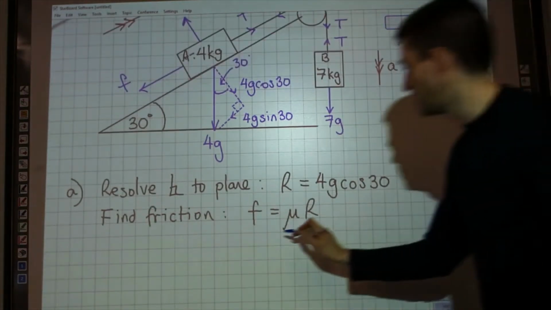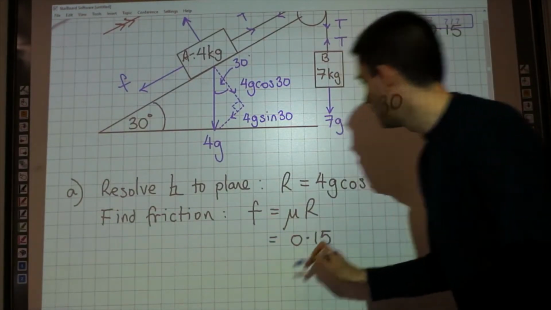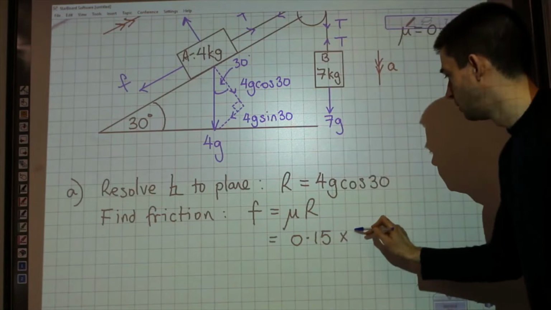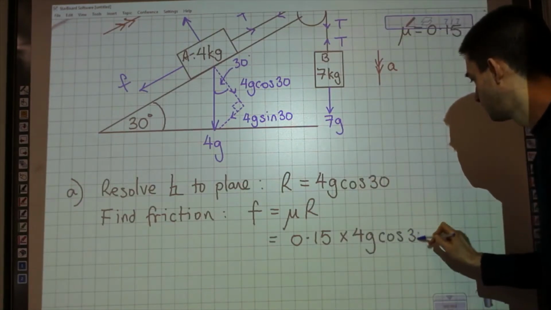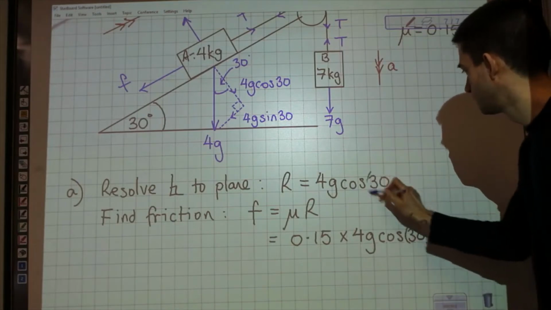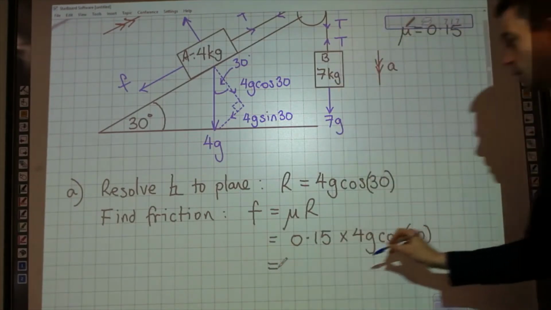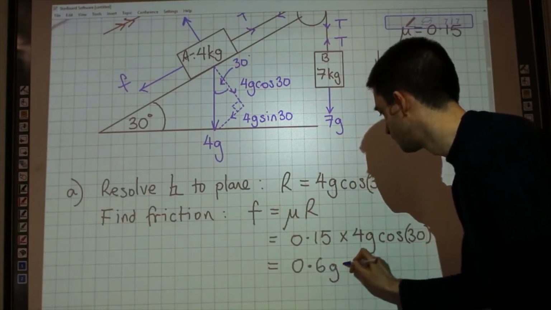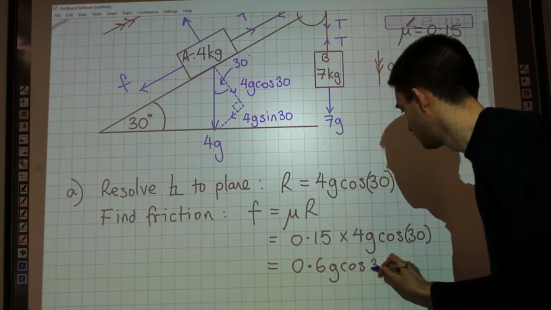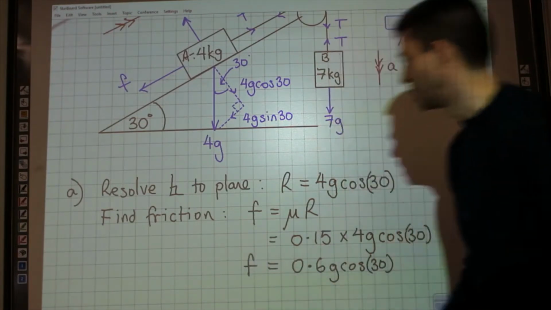Now I know from the question that mu is 0.15, and my normal reaction is 4g cos 30. So I'm going to leave it in terms of g and cos 30 at the moment. That is our value of friction.